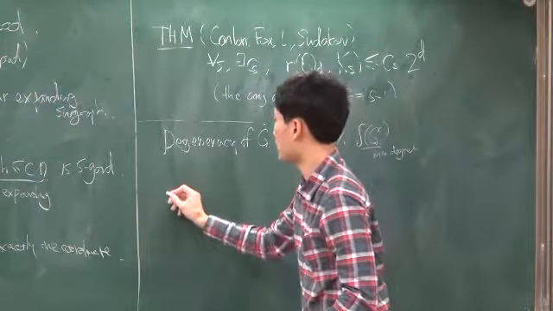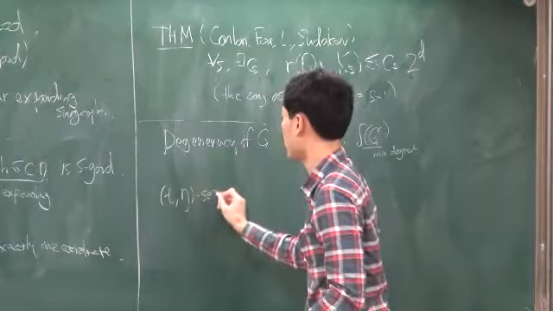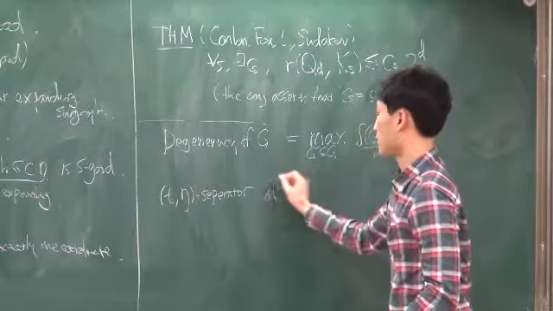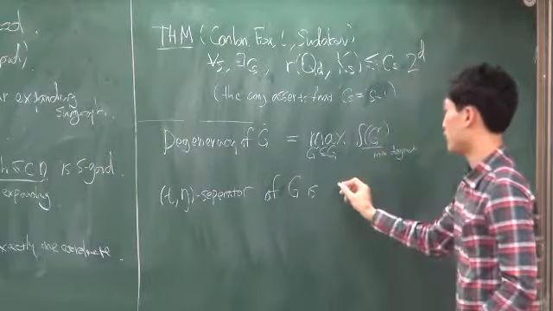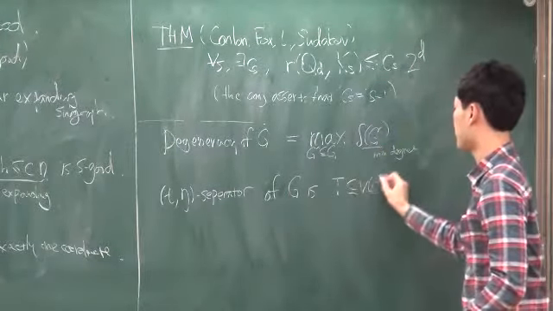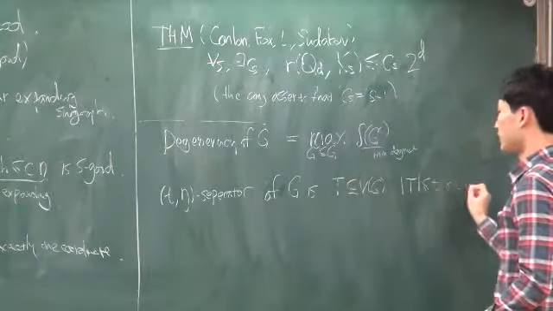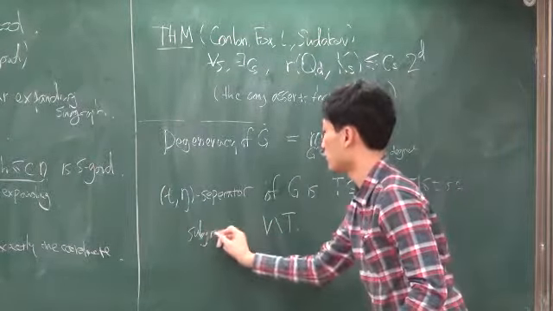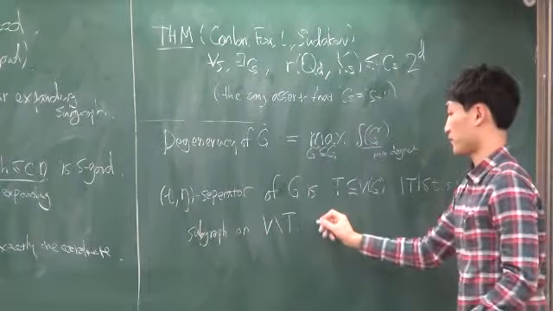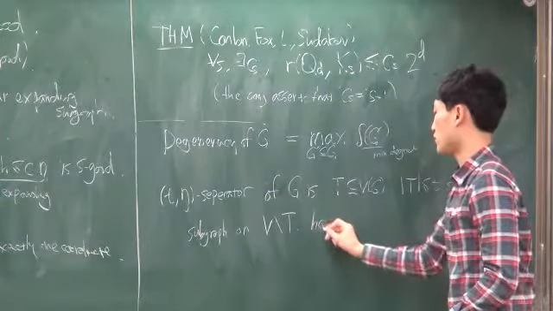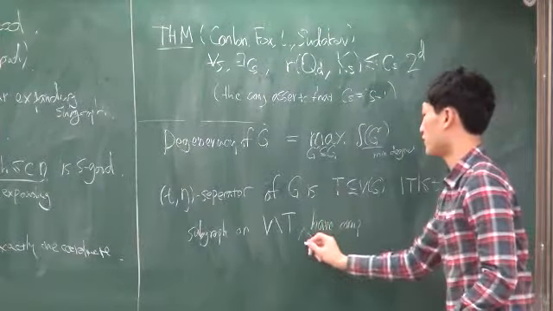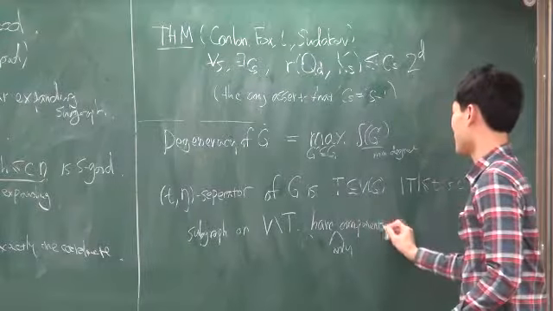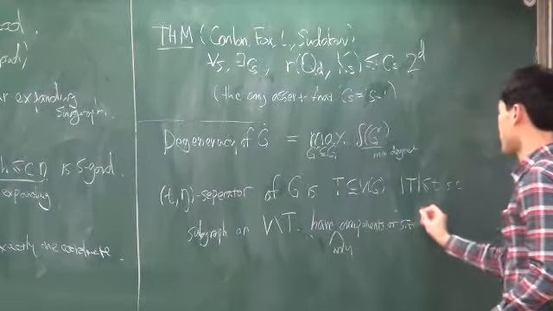And then a graph is said to have a (t, eta)-separator if a (t, eta)-separator of a graph G is a set of vertices T of size at most t such that the subgraph induced on V minus T has only components of size at most eta n.